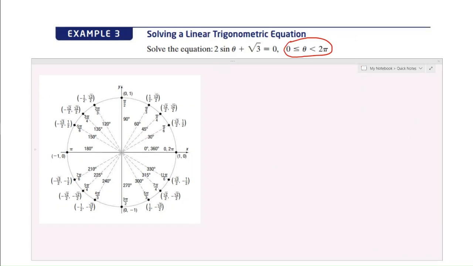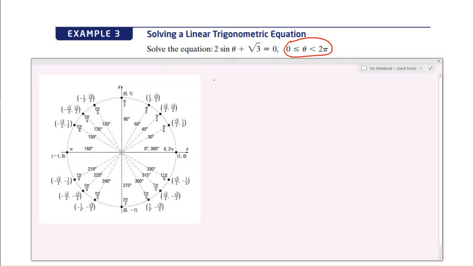Okay, so let's take that idea and solve another equation. In this case, they're going to tell us to limit our solutions for angles between 0 and 2 pi because we could create an infinite number of solutions. So let's take this equation: 2 sine theta plus the square root of 3 equals 0.